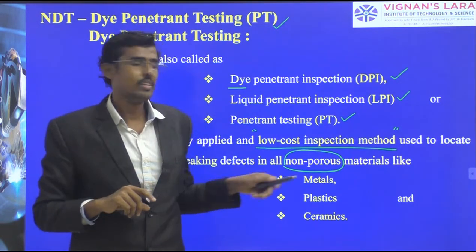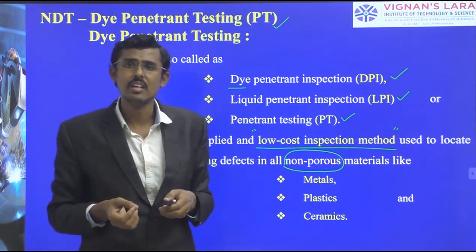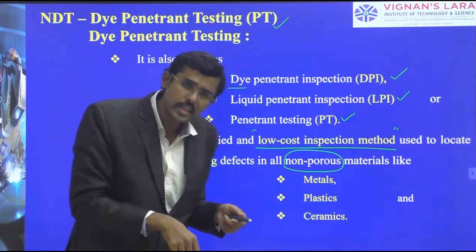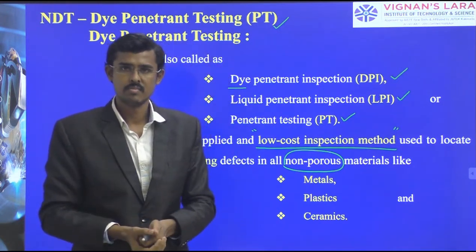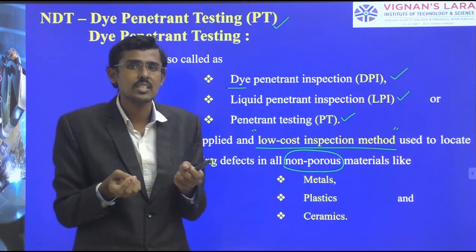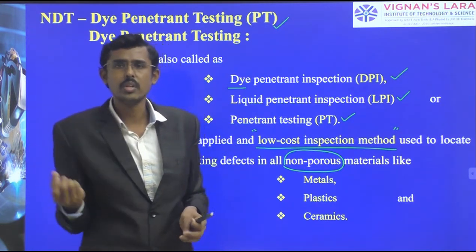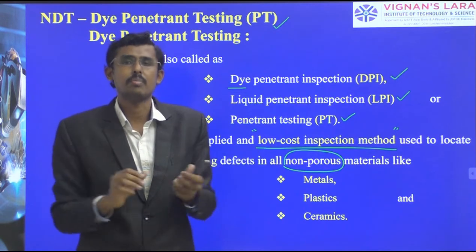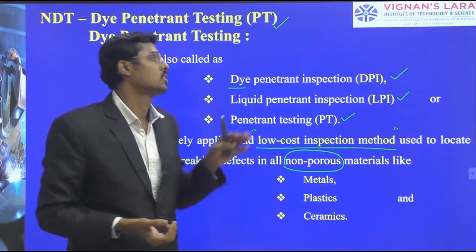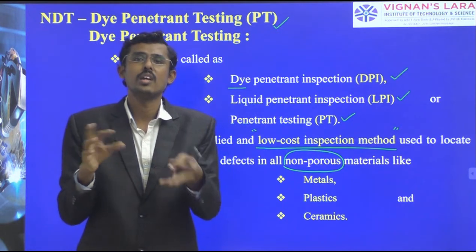When we use a porous material, the liquid keeps going downwards due to its porousness. Therefore the capillary action and the absorbing of the liquid upward by the developer will not happen, and this process will not be helpful.